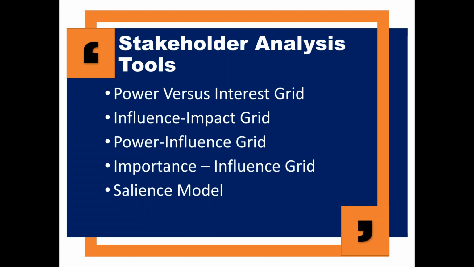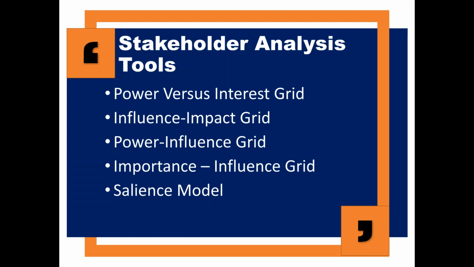So whether you want to say that power and importance are being interchanged, or you want to give it a different meaning, these are probably the 4 different 2-dimensional models. As far as the salience model is concerned, that is our interest right now.